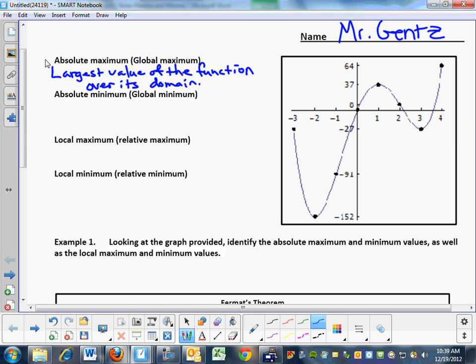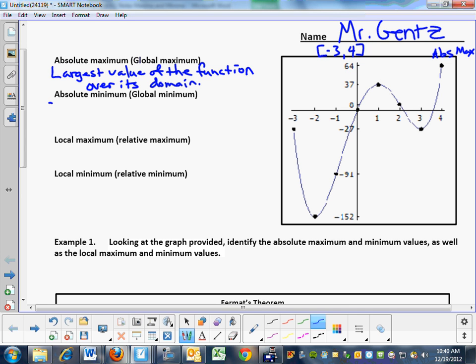So if you look at this graph to the right, let's suppose that this was the entire graph that didn't continue on to infinity on either the left side or the right side. It stops from -3 to +4. So this is the given domain. What would be the absolute maximum? 64. That's an absolute max. You would have an absolute maximum value of 64. Exactly.